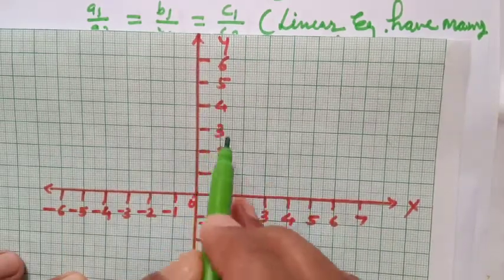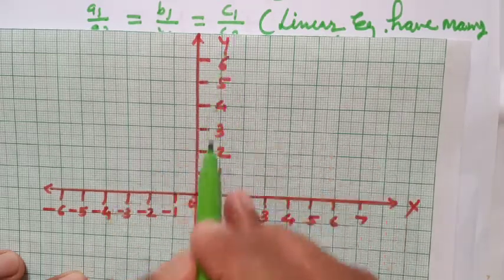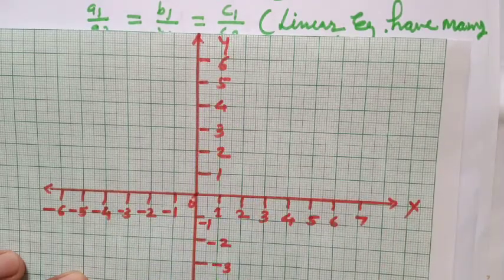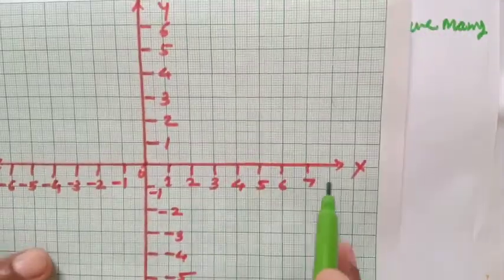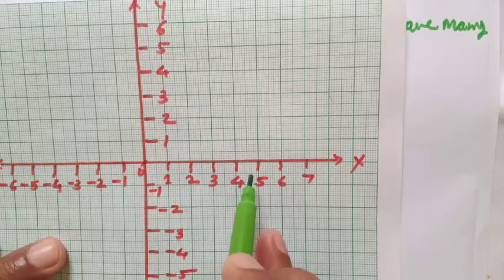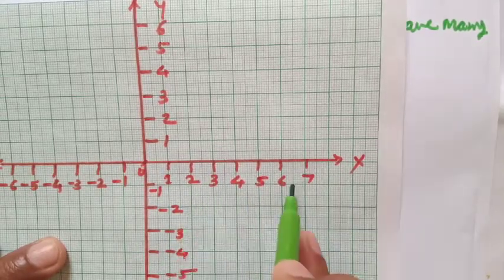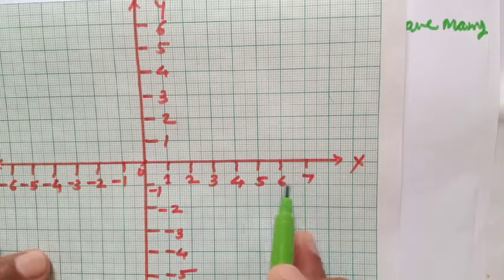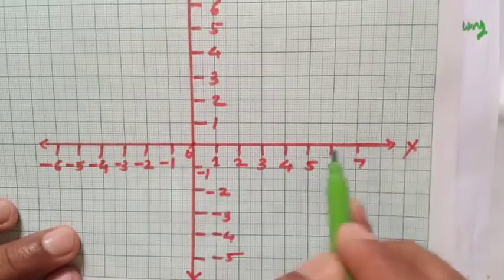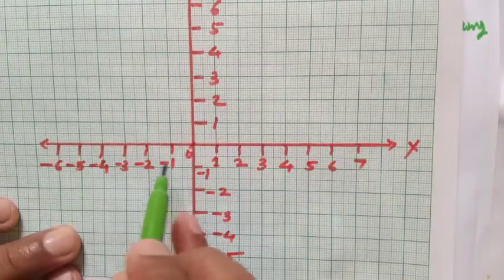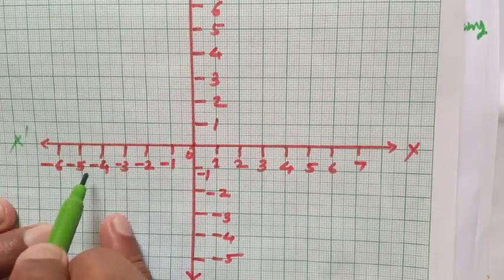On the top side of the y-axis, all coordinates will be positive, and on the bottom side of the y-axis, all coordinates will be negative. Now come to the x-axis. On the RHS side of the x-axis, all coordinates will be positive, and on the LHS side, all coordinates of the x-axis will be negative. RHS means the right side and LHS means the left side.